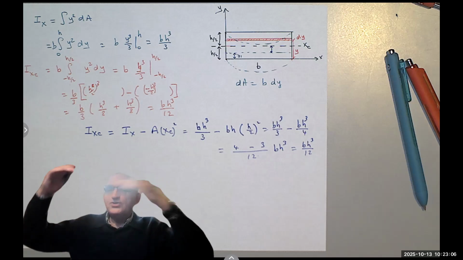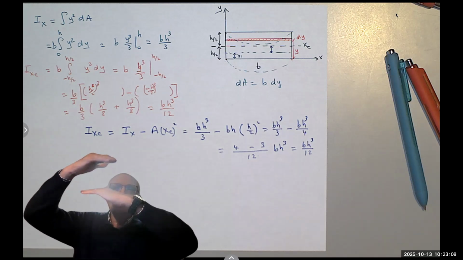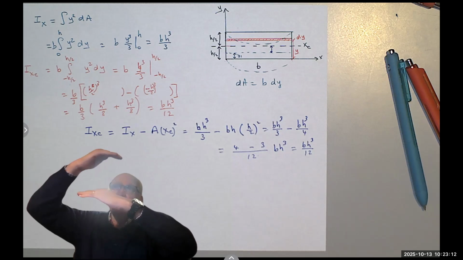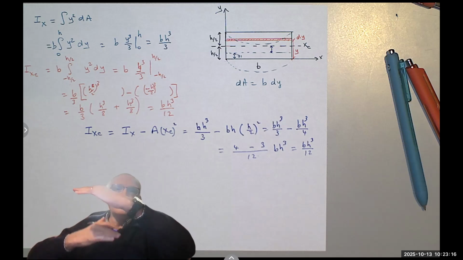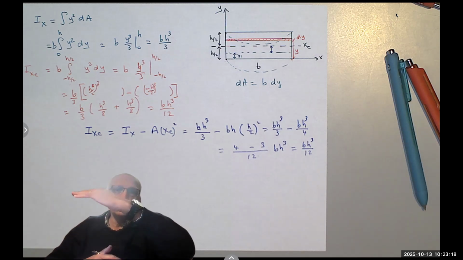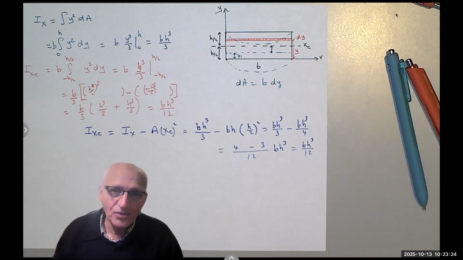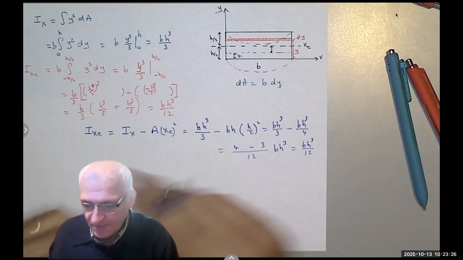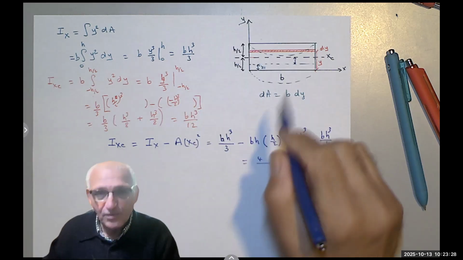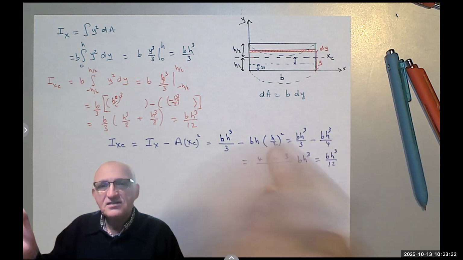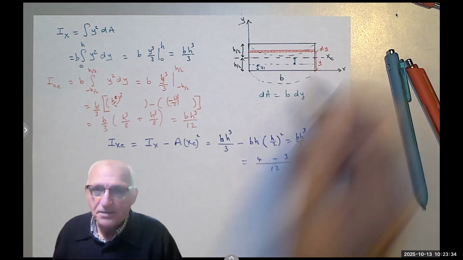But you cannot go between two parallel lines when neither of them is the centroid. If you know it about the top and you want it about the bottom, you have to subtract the area times the square of the centroid distance to go to the centroid, and then add the area times that distance squared. Very important, because I've seen students say, oh, it's the parallel axis law, so just subtract the distance and go from x to this. No, it's not correct.